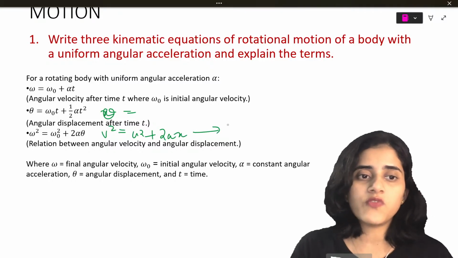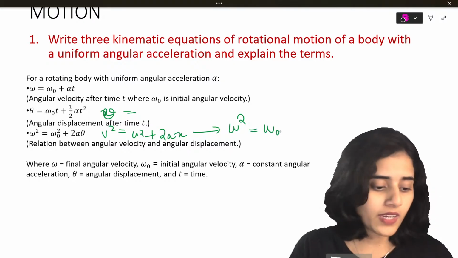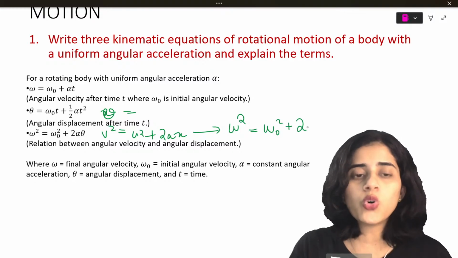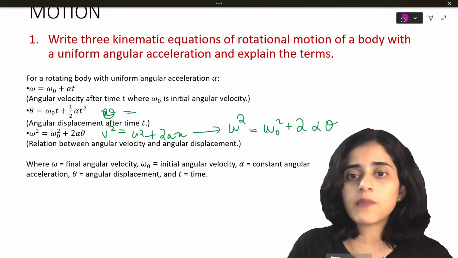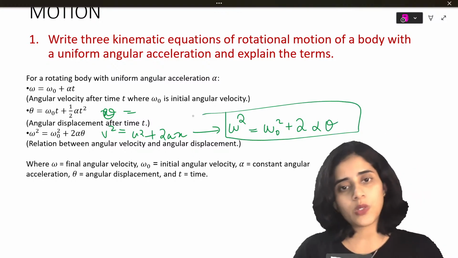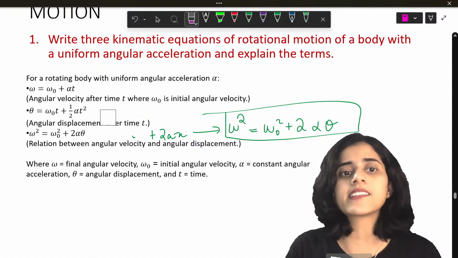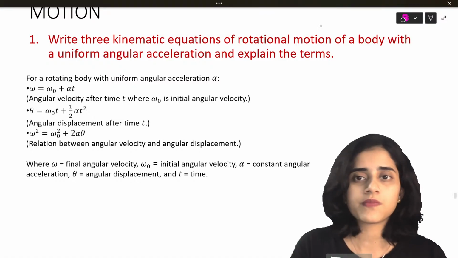V is omega, u is omega naught, square plus 2, instead of acceleration I'll put alpha, instead of displacement I'll put theta. Very easy. You just have to relate linear ones to this one and study.